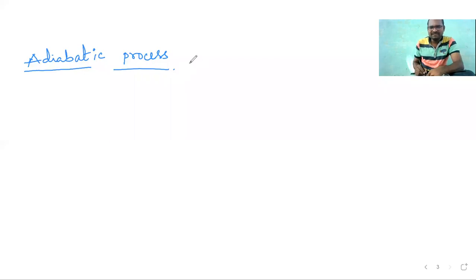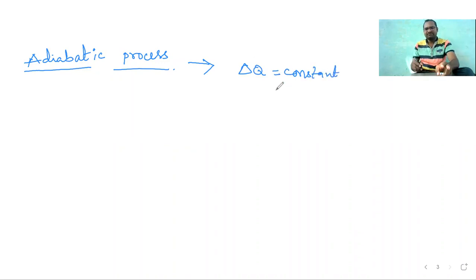Adiabatic process means a process in which heat energy, delta Q or dq, is constant, that is, between the system and surroundings there is no exchange of heat energy. That is called adiabatic process.